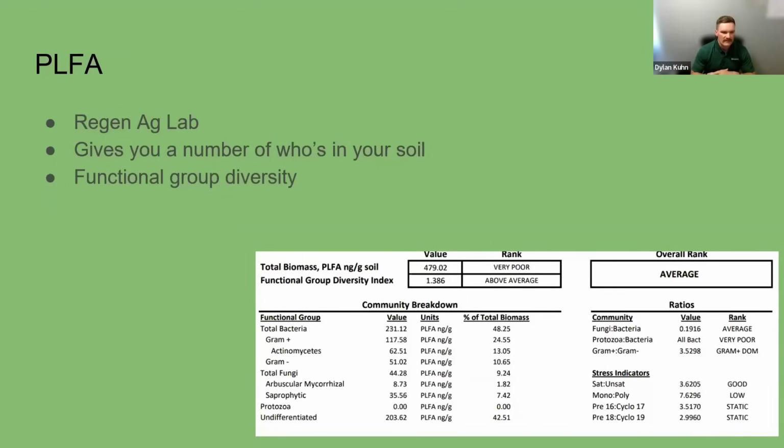It also gives you a number for your functional diversity within the soil and how diverse the biology is. So it's a step up from the Haney, a little bit more of an investment, but it can give you a more detailed indication compared to the Haney.